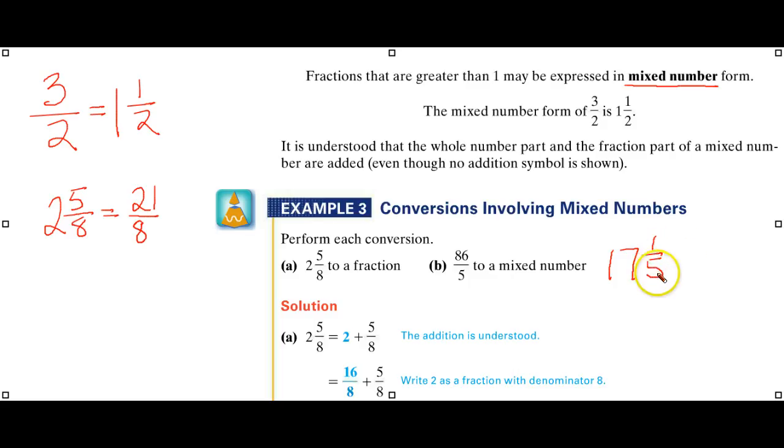So 5 times 17 is 85, plus 1 is 86 over 5. And again, these are the ways that I've learned it; there may be other ways to do it. I think this is the easiest.